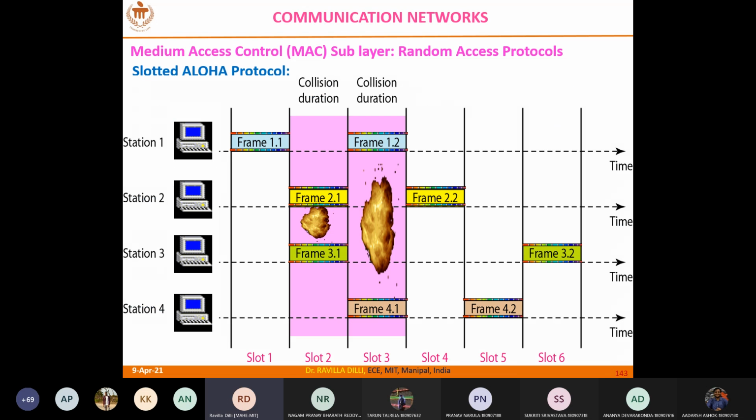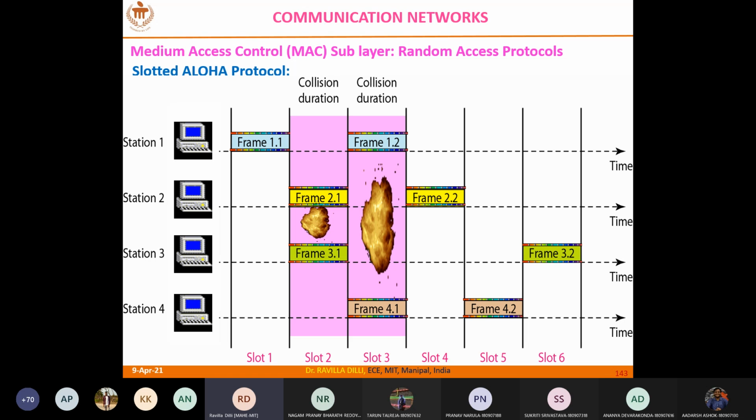In the same way, in slotted Aloha we include a constraint: whenever a station has a frame to transmit, it is allowed to transmit only at the beginning of the time slots. The time for transmission is divided into slots, each equal to the frame duration. So all the stations are allowed to keep their frames only at the beginning of the time slots.